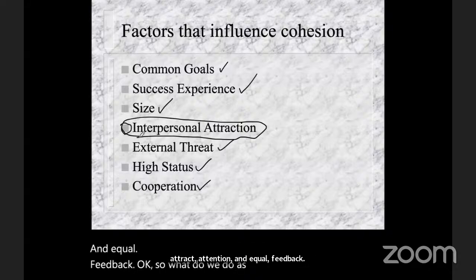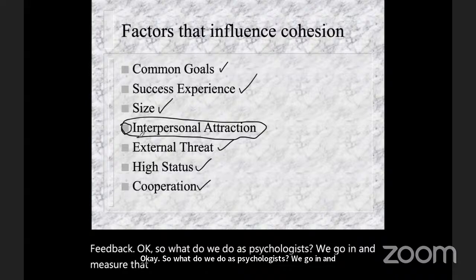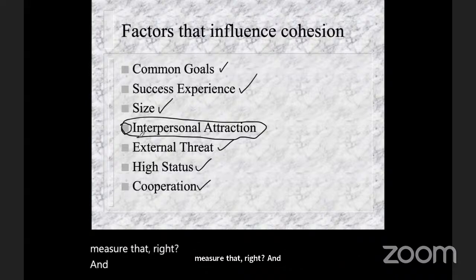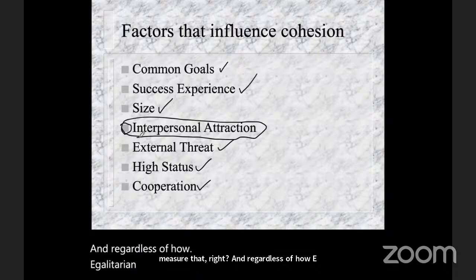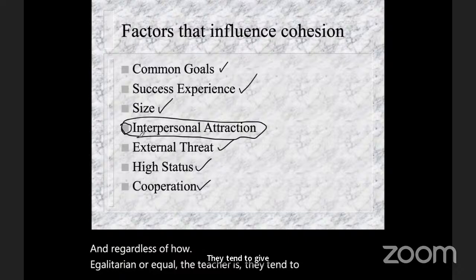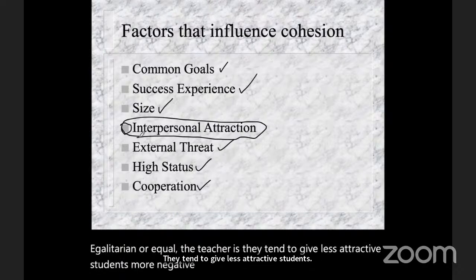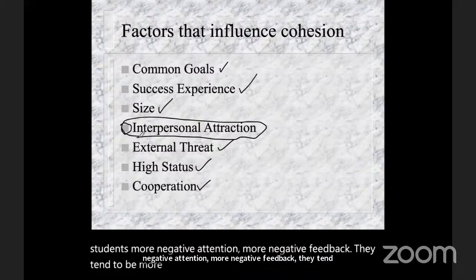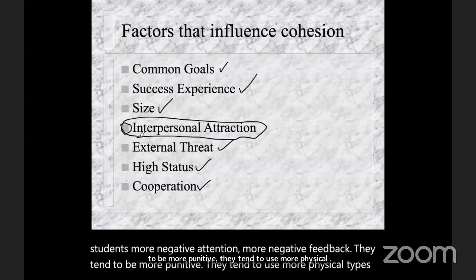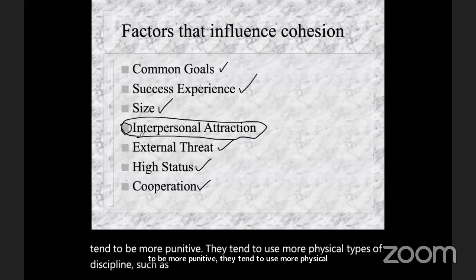We go in and measure that, right? And regardless of how egalitarian or equal the teacher is, they tend to give less attractive students more negative attention, more negative feedback. They tend to be more punitive. They tend to use more physical types of discipline, such as putting them in timeout.